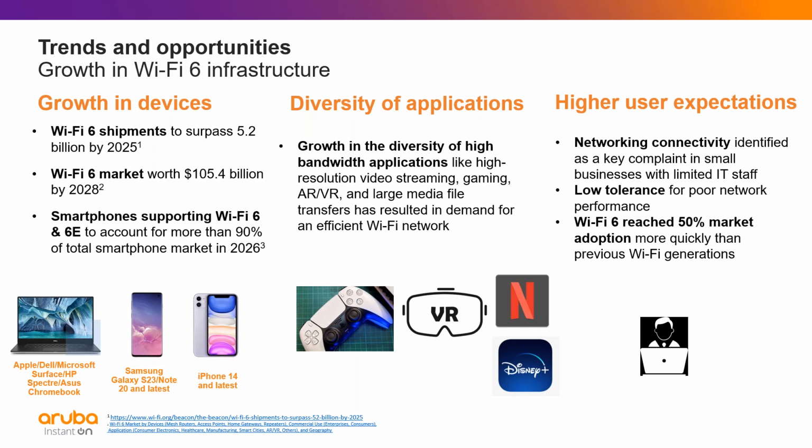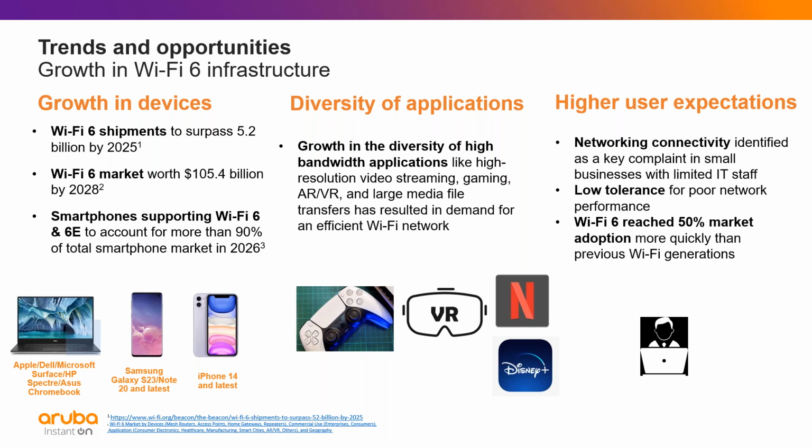Wi-Fi 6 device shipments have increased, and they expect it to be 2.5 billion by 2025. And you see how big the market is there for Wi-Fi 6. It's actually $105 billion by 2028 is what they're expecting.